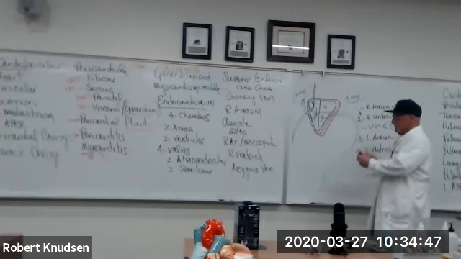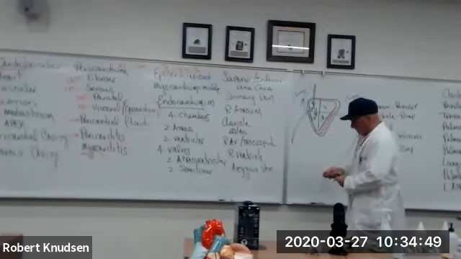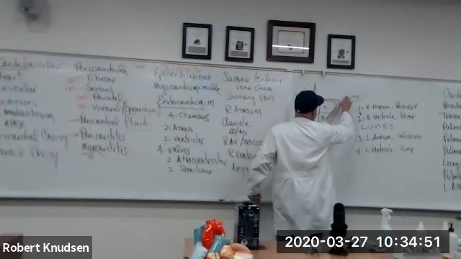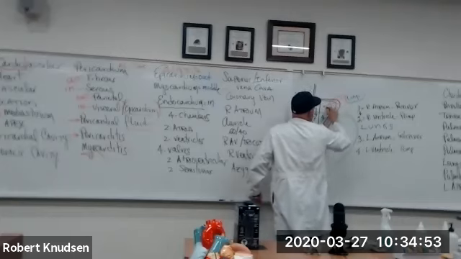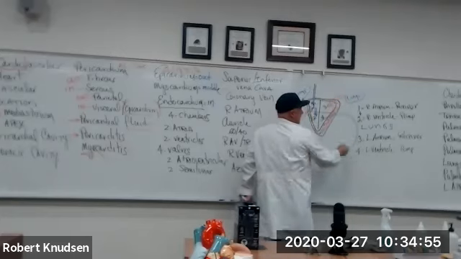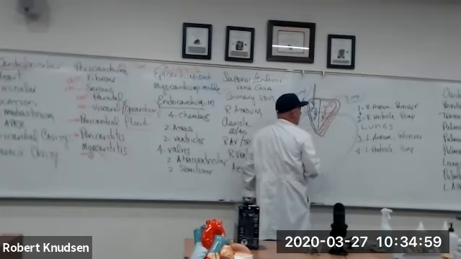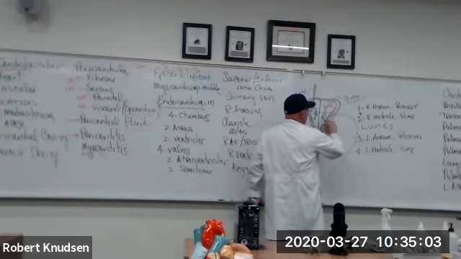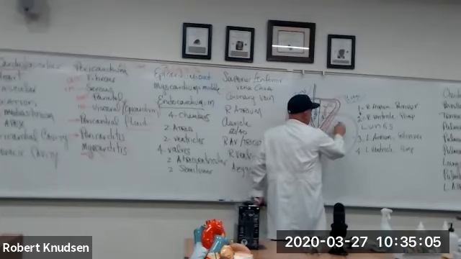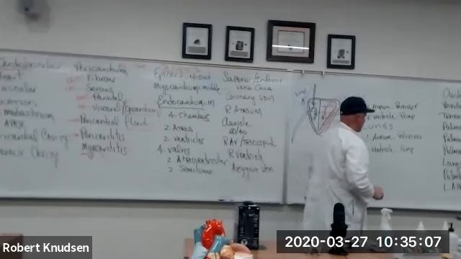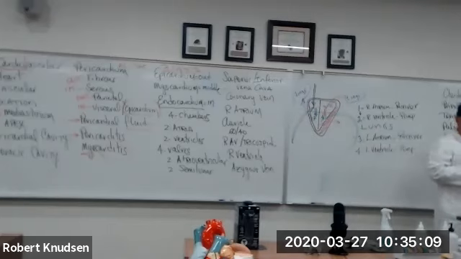So I'll draw it in this one, and I'll do red because it's oxygenated. So it comes from the lungs into number 3, which is the left atrium. From 3, it goes into 4, which is the left ventricle, and then the left ventricle pumps it to the body. Are we good? Okay.